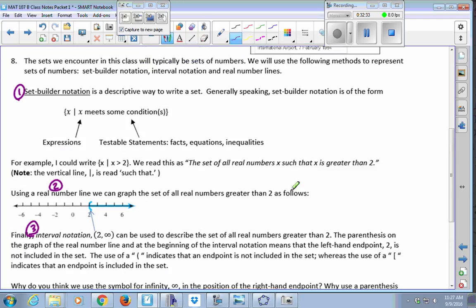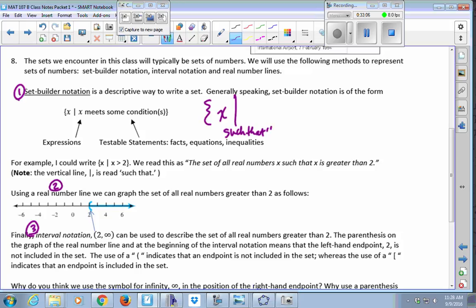Set builder notation is a descriptive way to write a set. It's a little more involved than the other 2 methods, and it can be a little intimidating at first, but it basically will start with your curly braces like this, and some expression. In this case, we're often saying the set of all real numbers. We're assuming real numbers, and we usually use a variable like x. And then we say such that, and how we say such that is with this vertical line.